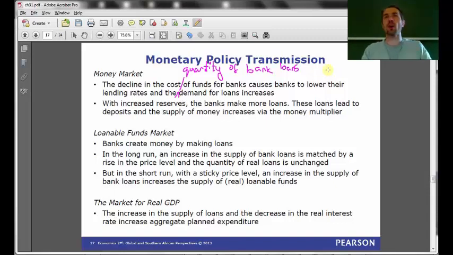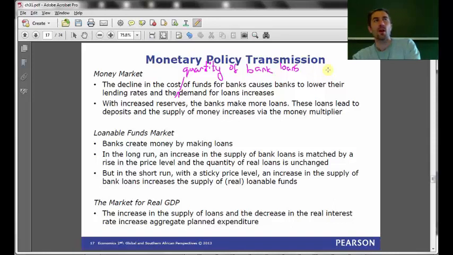And when we say the quantity of bank loans, remember the money demand curve, right? Downward sloping money demand. Part of that money, there's both cash and deposits. So with downward sloping interest rates, people hold more deposits.